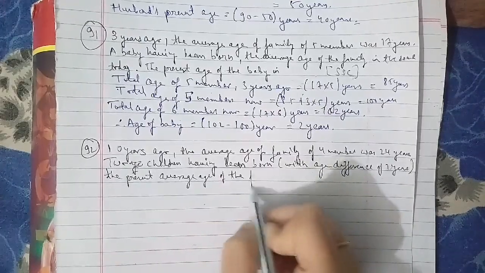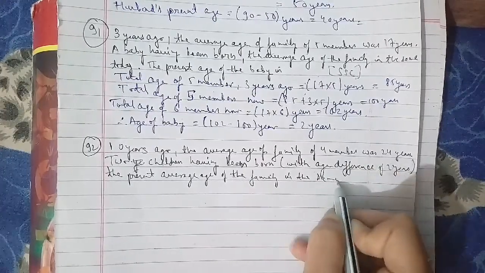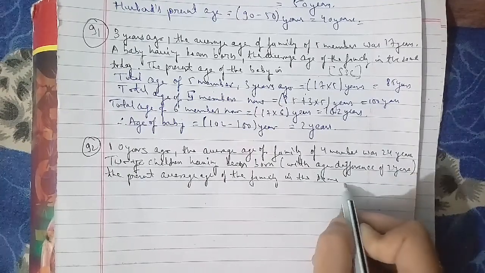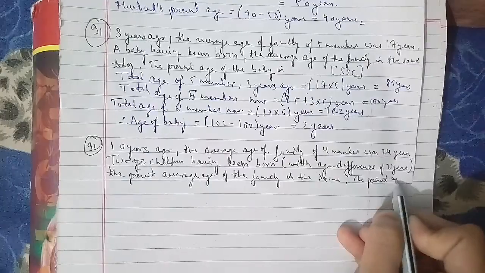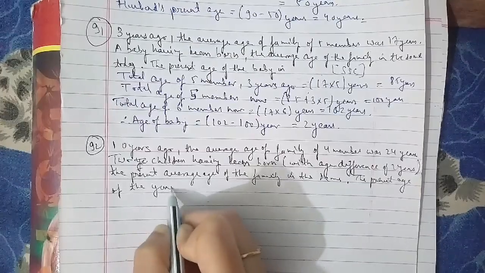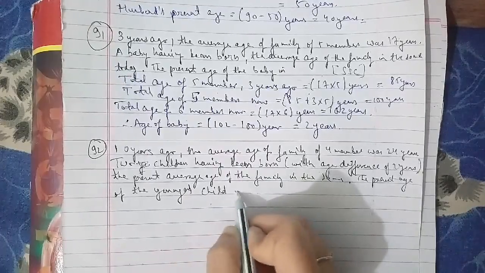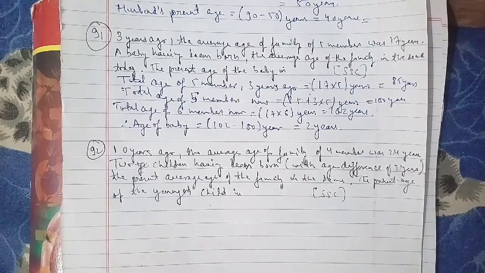Total age of 4 members now is 96 plus 10 into 4, which equals 136 years. Then the total age of 6 members now equals 24 into 6 years, which equals 144 years.